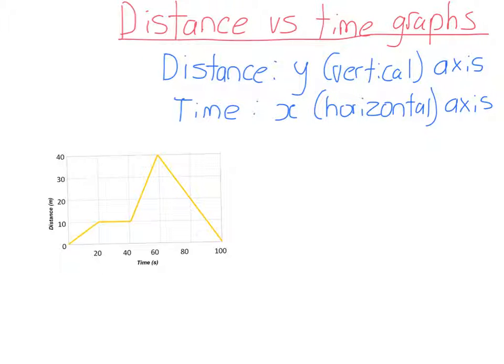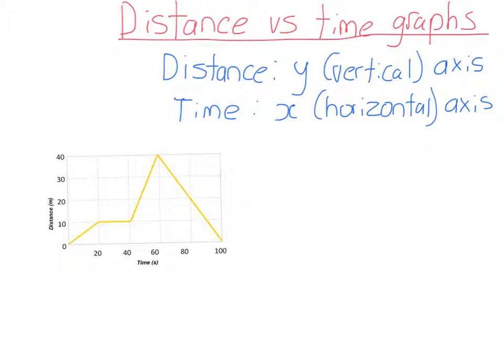So here's an example of a distance-time graph, and as I said, you'll notice that distance is on the vertical axis and time is on the horizontal axis down here.